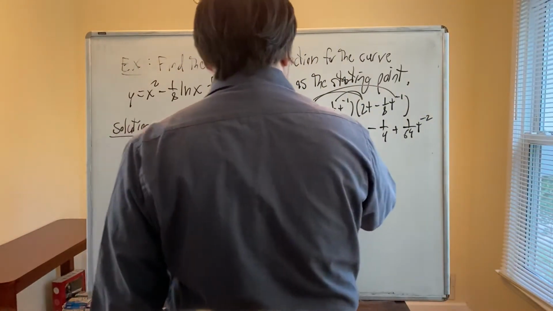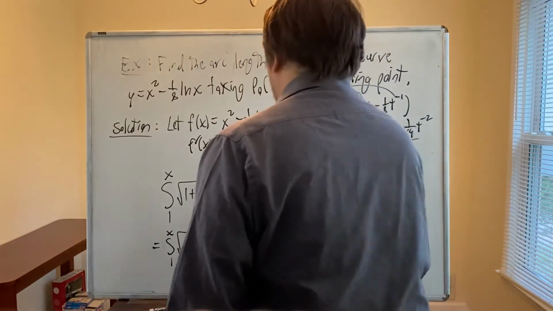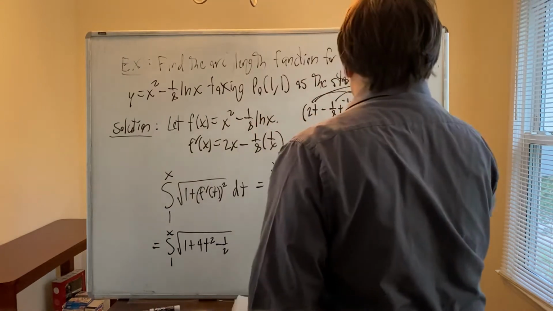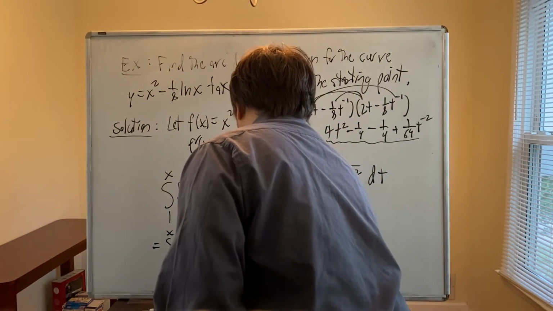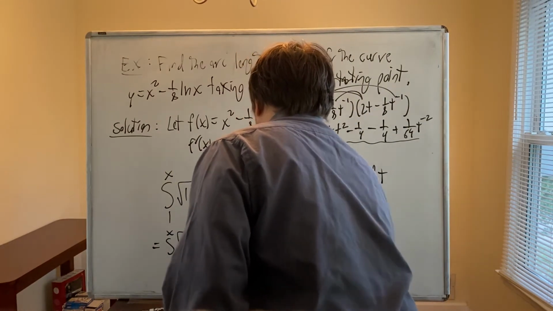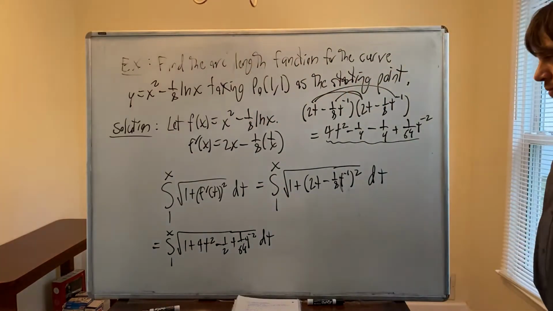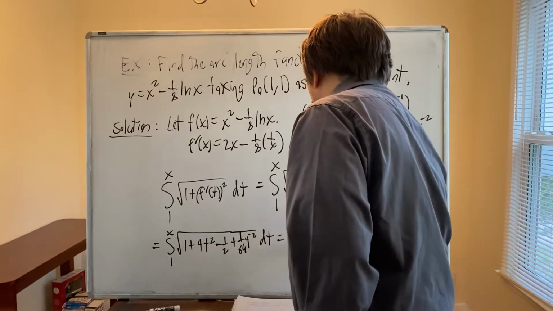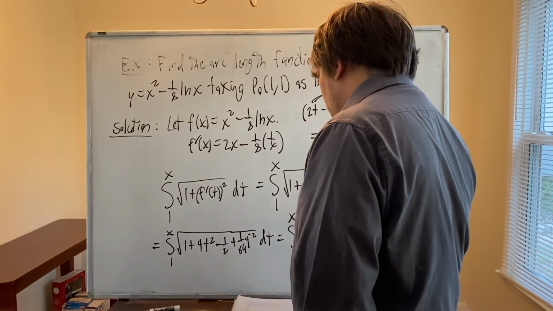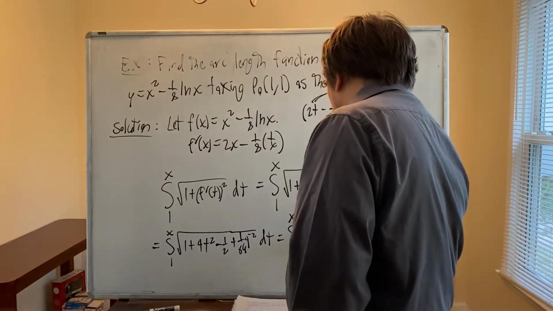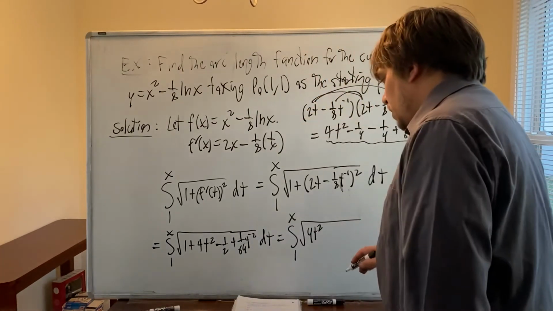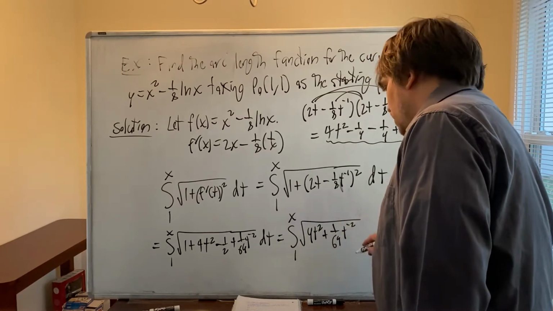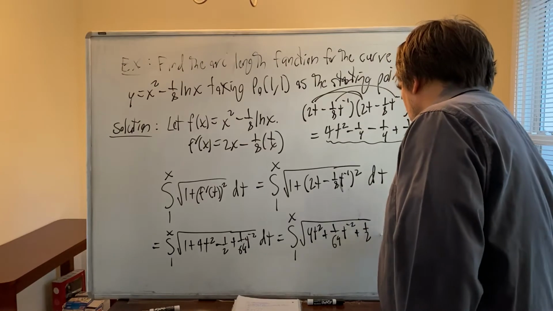So here you get 1 plus 4t squared minus 1/2 plus 1/64 t to the negative 2, dt. And this is equal to the definite integral from 1 to x of the square root of 4t squared plus 1/64 t to the negative 2 plus 1/2 dt.